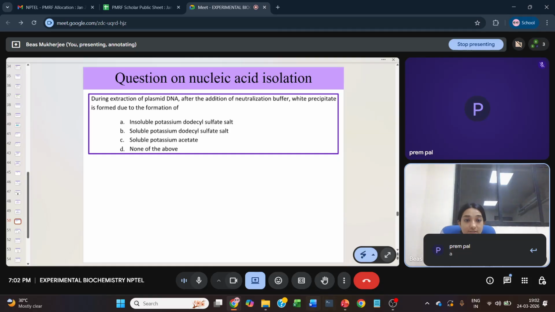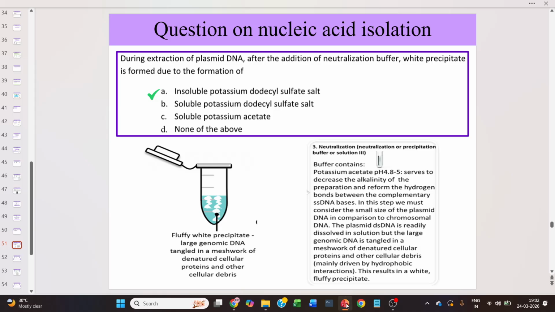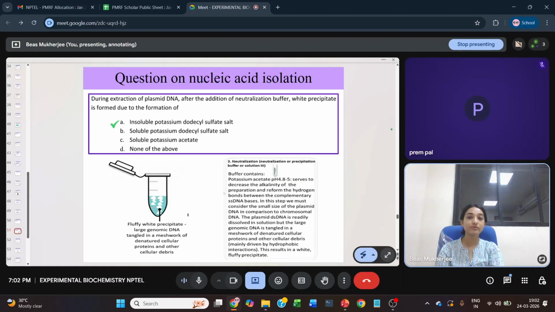Exactly, it is definitely insoluble. It is a fluffy white precipitate containing large genomic DNA tangled in a meshwork of denatured cellular proteins and other cellular debris. And the buffer contains potassium acetate, which is soluble, and the final one contains potassium dodecyl sulfate, an insoluble salt.